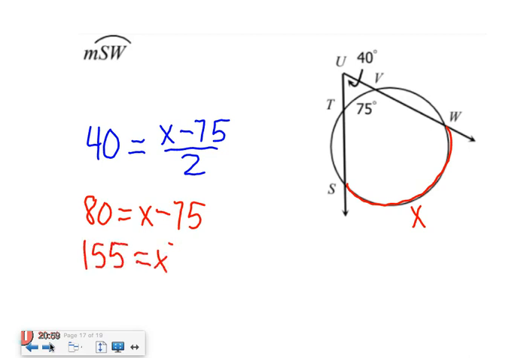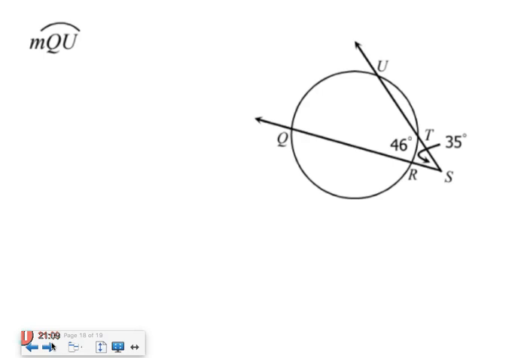Okay, the next one's just like that, for redemption. See if you can get this one by yourself.